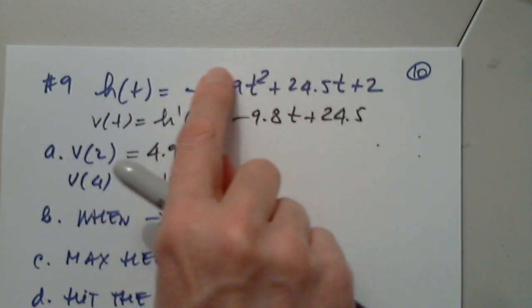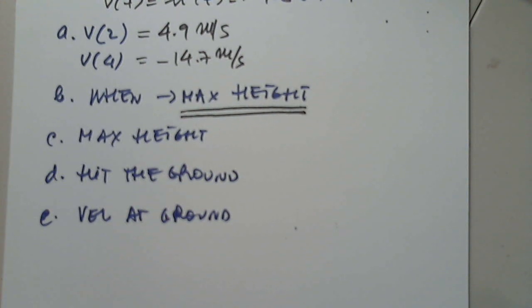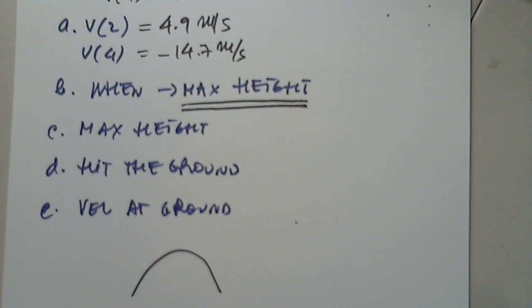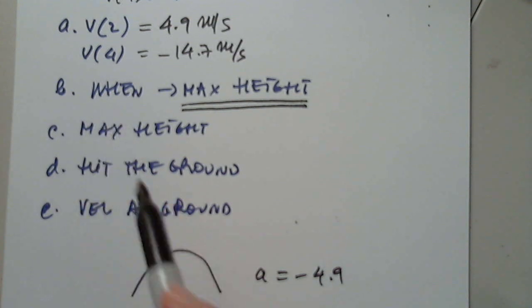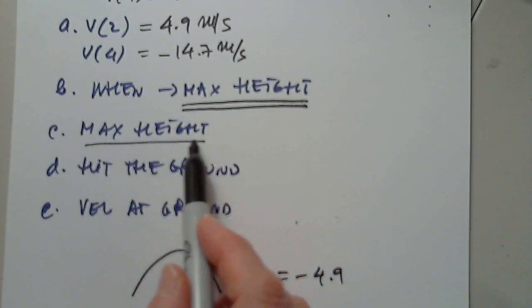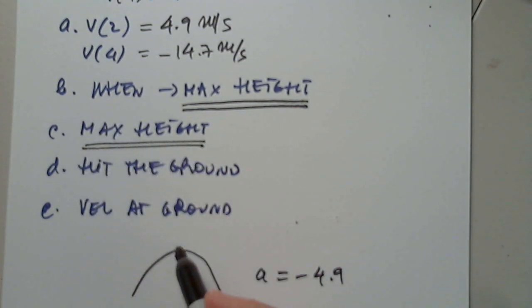So if we wanted to graph this function, the function has to look like this. No question about it, because the leading coefficient is negative 4.9. So they're asking us when and also the maximum height. So they're asking us to find this point.